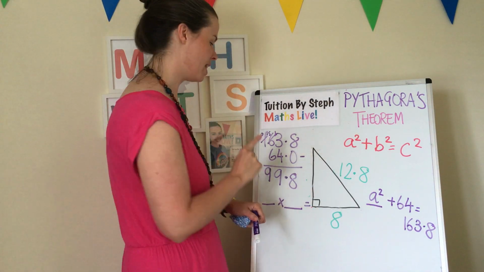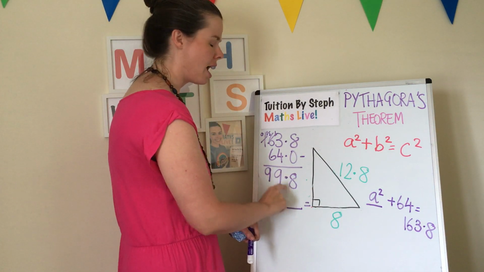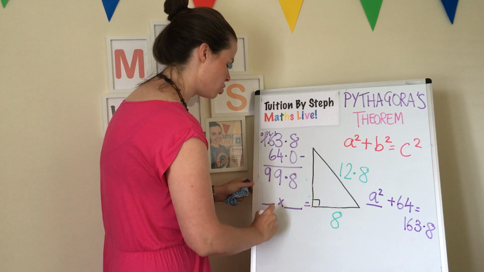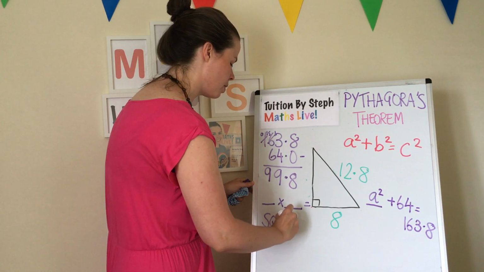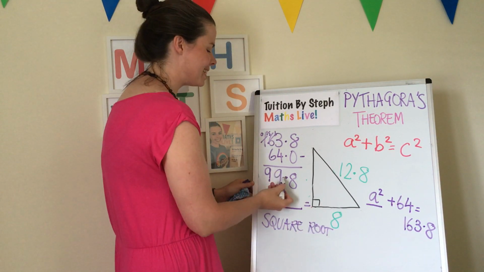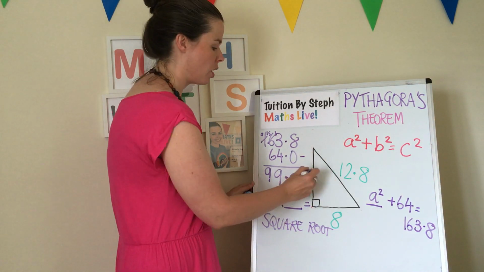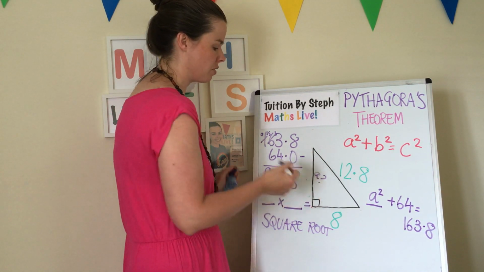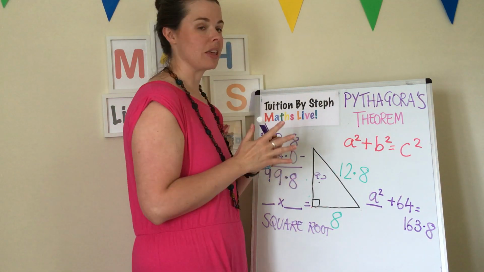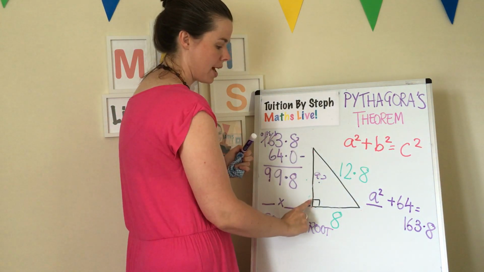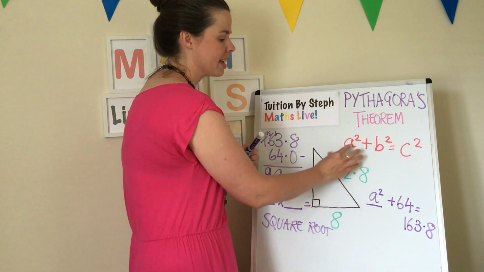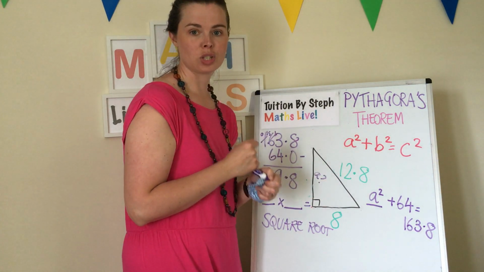Your challenge in the lesson is to see if you can find, either using Google or a calculator, the square root of 99.8, and when you've found that out, that will give you the length of the missing side A. That is Pythagoras' theorem: this side squared, plus this side squared, gives you this side squared.